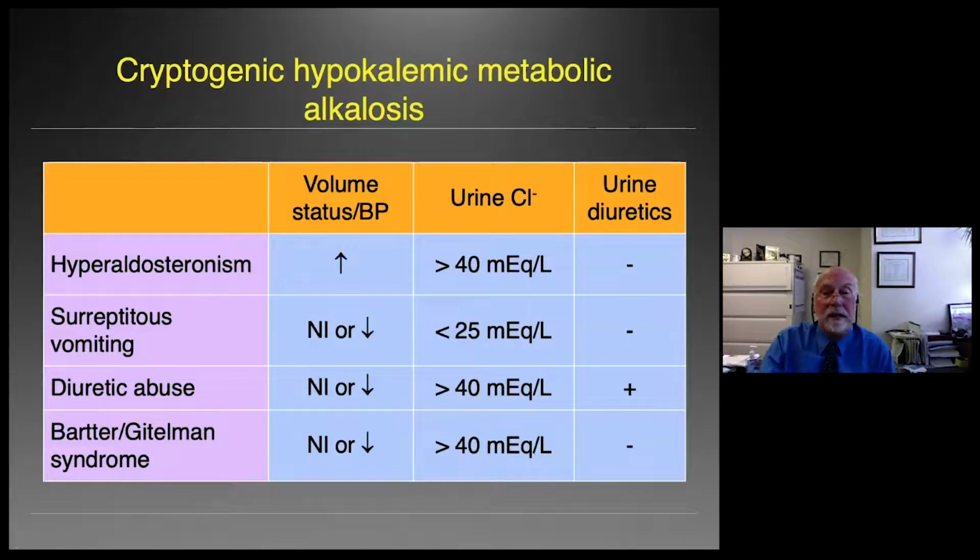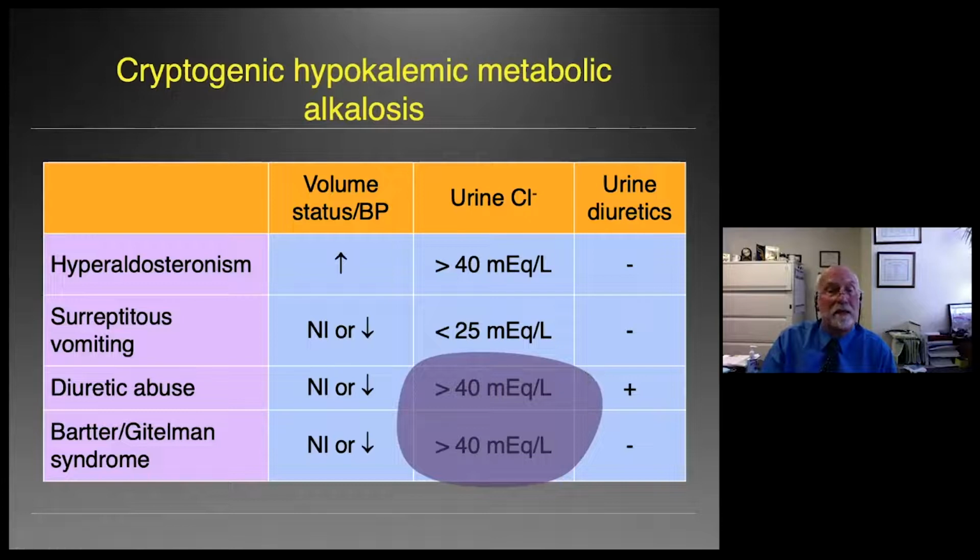Because vomiting is a condition of metabolic alkalosis, there's filtered bicarbonate, which promotes sodium and potassium losses, and chloride will become vanishingly low in the urine as a marker of the volume depletion. Diuretics, of course, promote sodium and chloride excretion, so they would have an elevated chloride, as would the inherited disorders that mimic diuretics. So to distinguish these, you would need a diuretic screen.